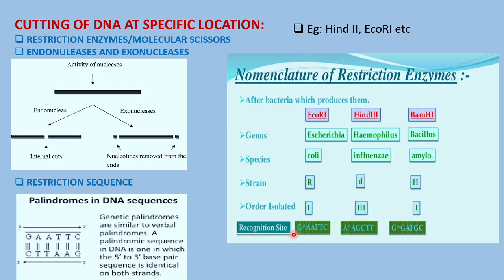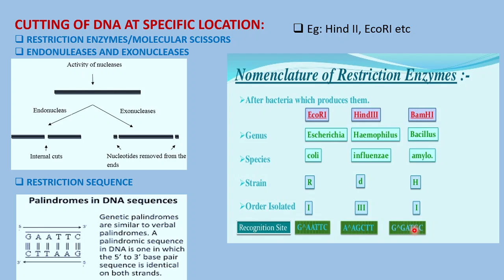And these are given the restriction sites. Restriction site means, as I was telling, the palindromic site. These are the restriction sequences. All restriction enzymes are specific. EcoRI will recognize only this type of palindromic sequence, and wherever, in whatever DNA it finds this sequence, EcoRI can cut it. HindIII can recognize this type of sequence, AAGCTT, and BamHI can recognize GGATCC.